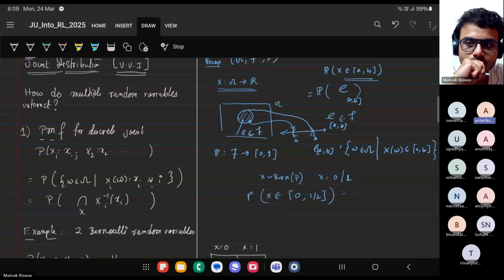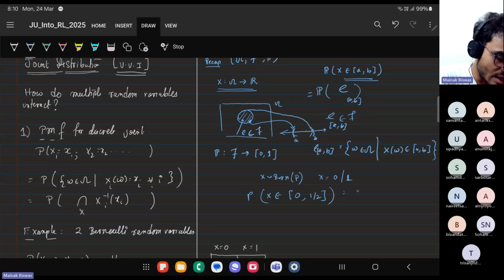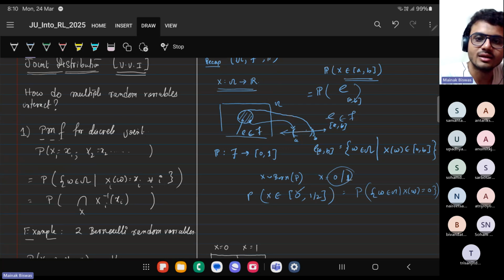For which f of x is equal to 0. Yes, this is the probability of that event such that x of omega is equal to 0. Because a Bernoulli random variable can either be 0 or 1, only 0 is the event that I consider.